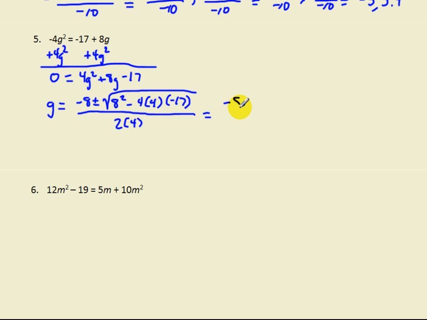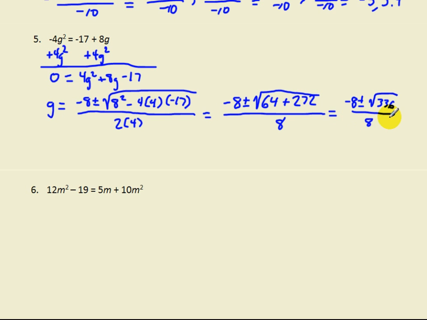And this equals negative 8 plus or minus 64, and again we're subtracting a negative, so we end up adding 272 all over 8, so we get negative 8 plus or minus the square root of 336 all over 8.